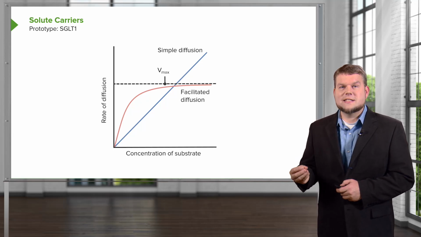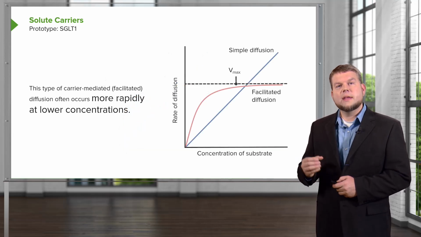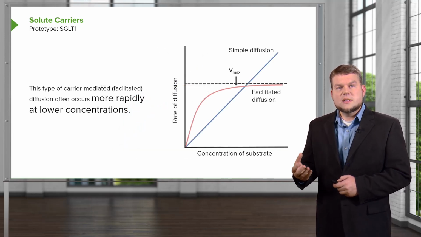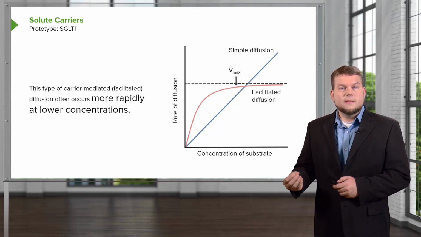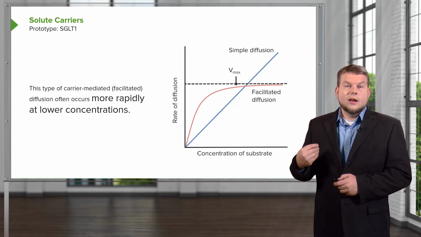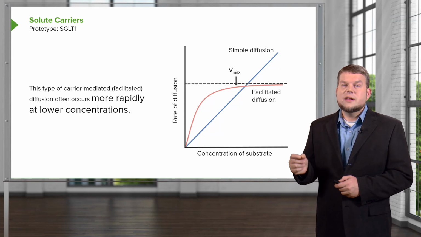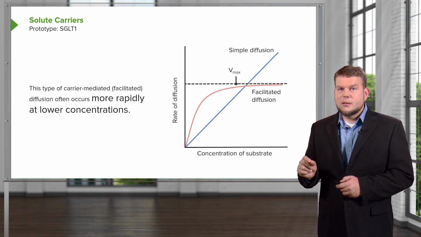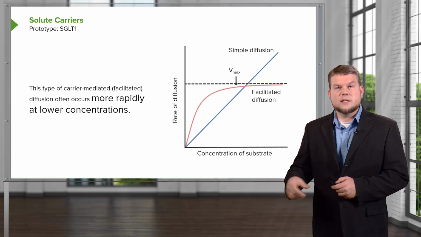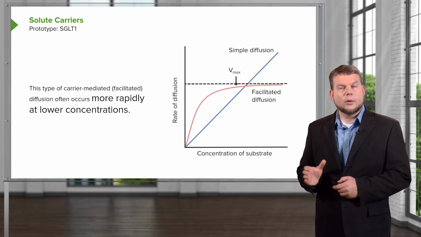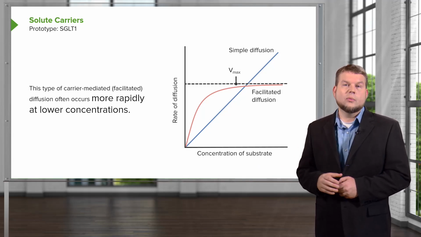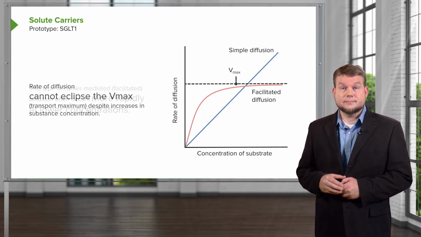So it's faster, and you can do it at a lower concentration, meaning that you need less of the substance available for that fast transport. This is very important in terms of getting things through as rapidly as possible.